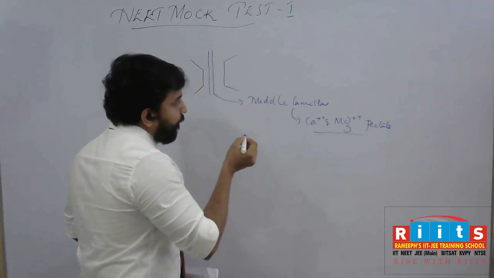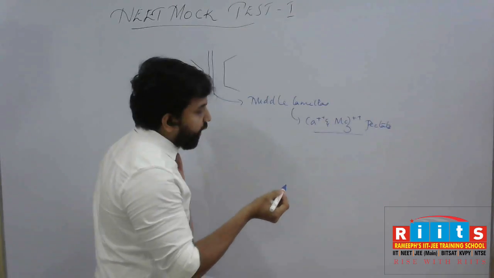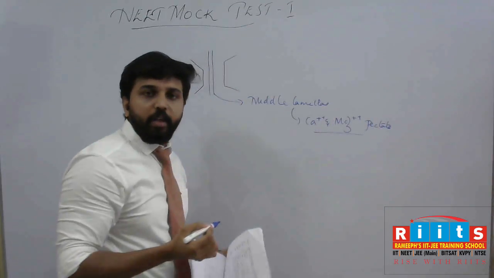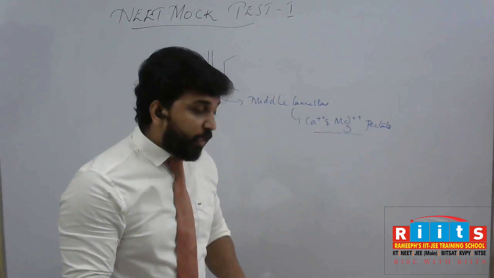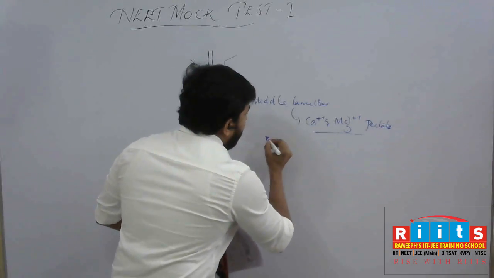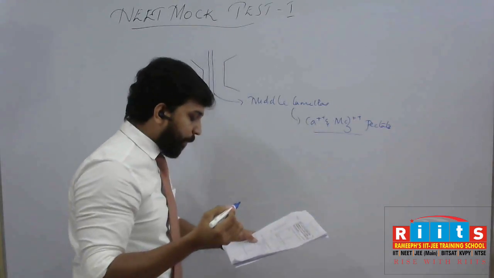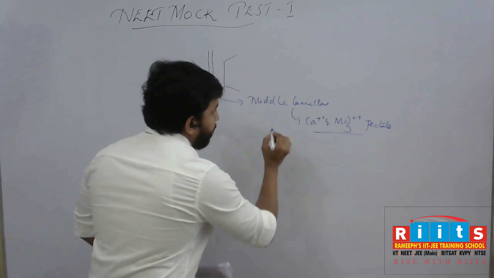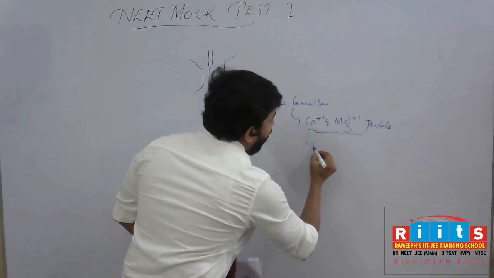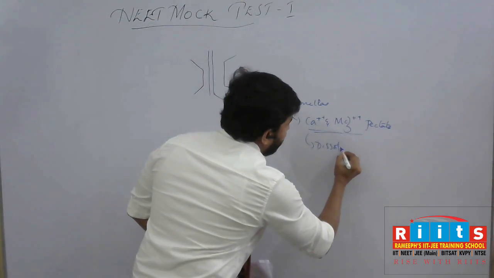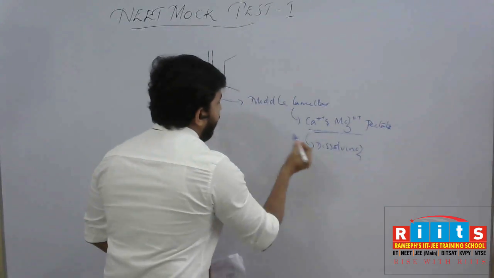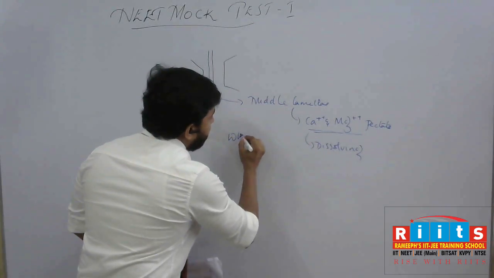At the younger stage, this calcium and magnesium pectate acts as a cementing agent. But when the fruit becomes ripe, this middle lamellae starts dissolving.